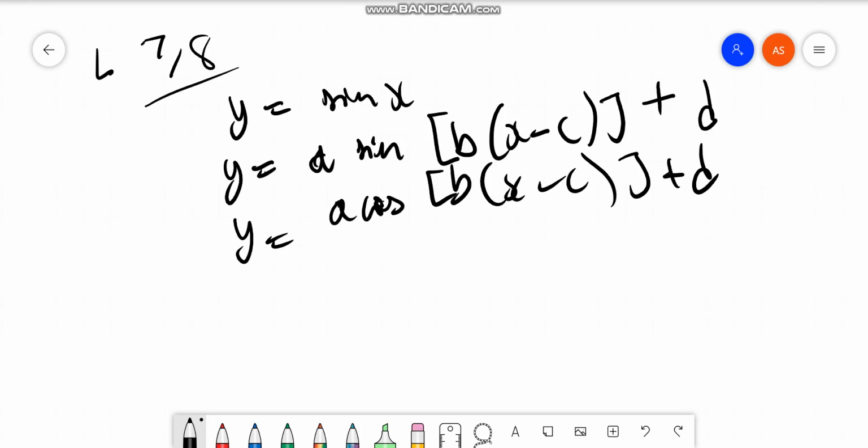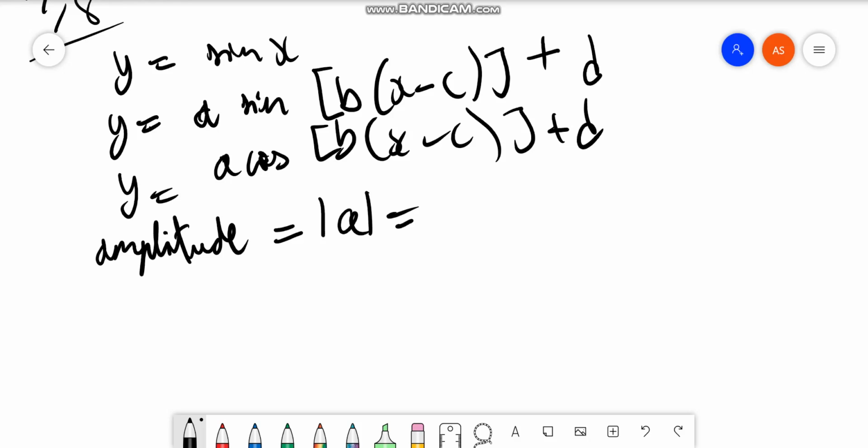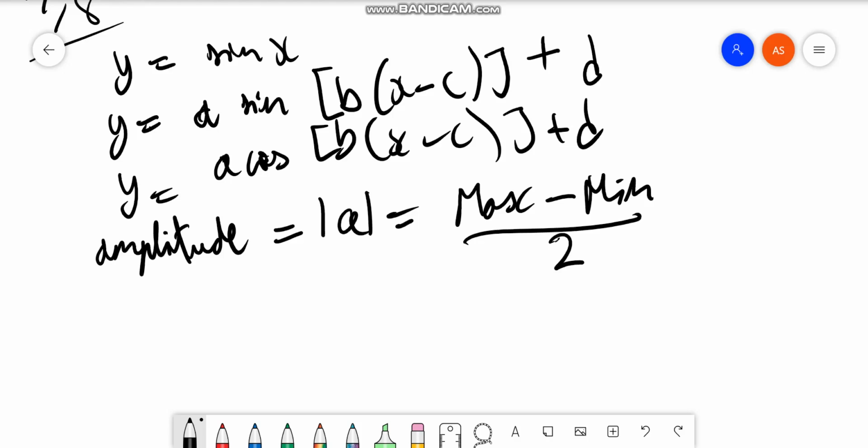So when you apply this transformation, what it means is that the amplitude is the absolute value of a, and to derive that you would take the maximum value of the graph minus the minimum value and divide that by 2.